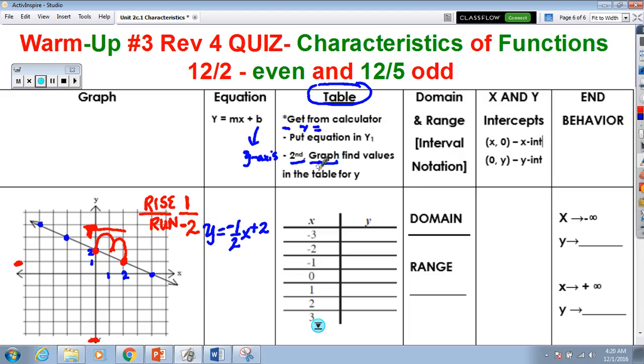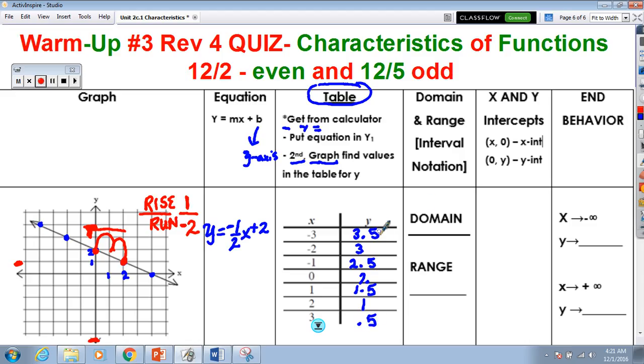Okay, so we are plugging in the numbers for the values that we see, which is 3.5 next to negative 3, 3, 2.5, 2, 1.5, and 1, and then 0.5.